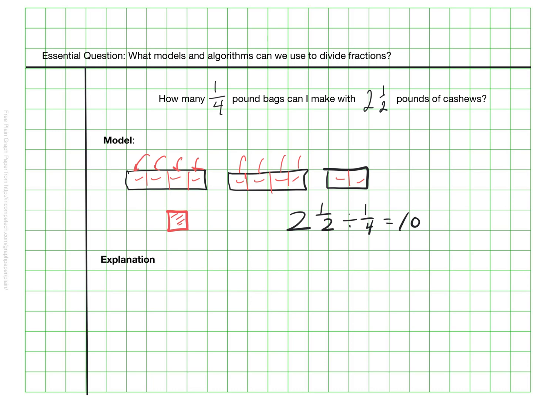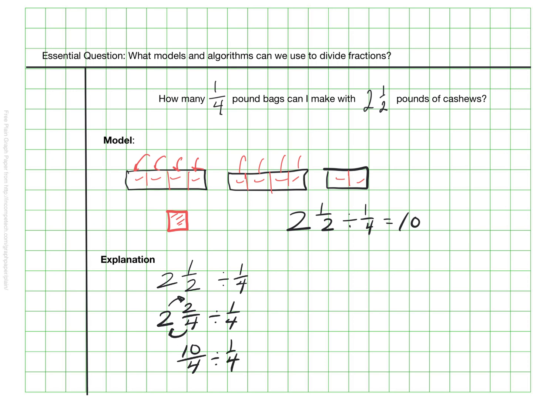And there's an explanation behind that, right? If you have 2.5 pounds and you want to split it into fourths, it might be easier to think of this as 2 2/4, because then I have the same denominator here. If I have 2 2/4, I could turn that into an improper fraction, which is 10/4.